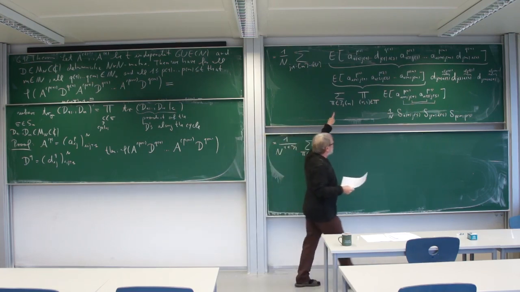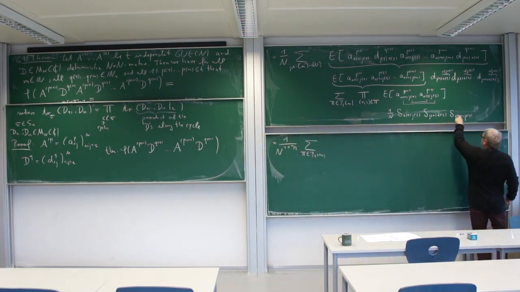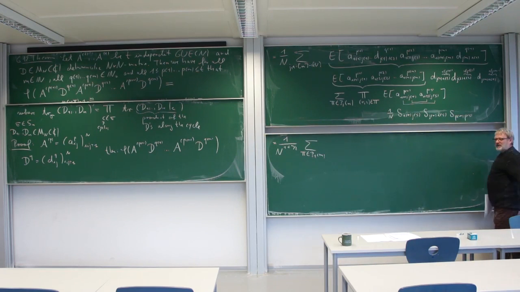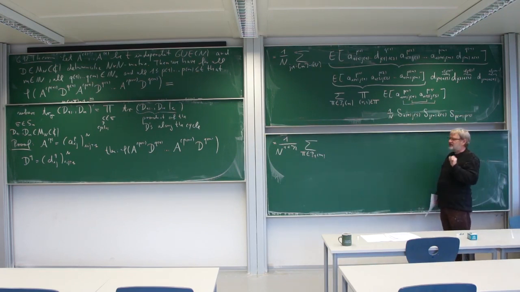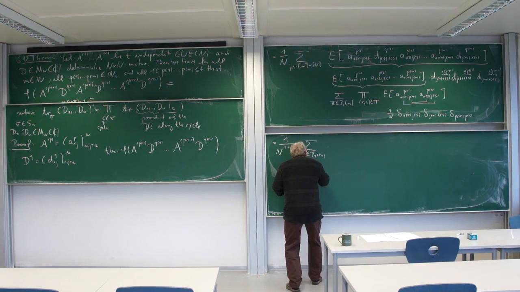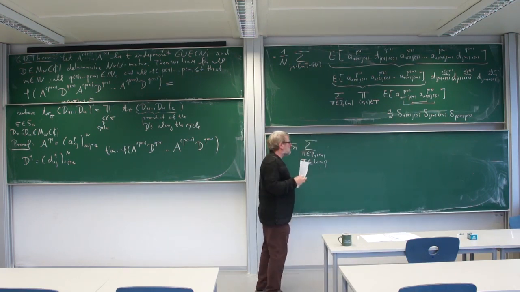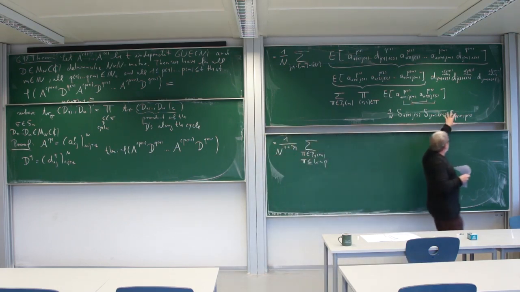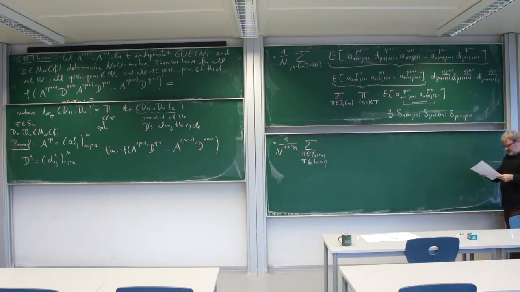This is this sum, but this delta condition tells me that such a contribution is 0 unless pi respects the kernel of P, which means it only connects the same A matrices. So this summation here is actually only running over pi's which are less than the kernel of P. And then this delta condition is taken care of. I can't forget about this.